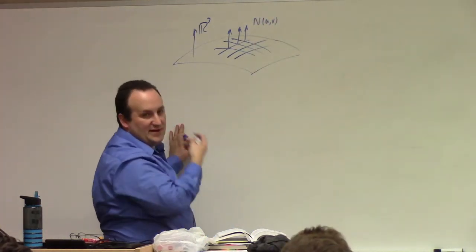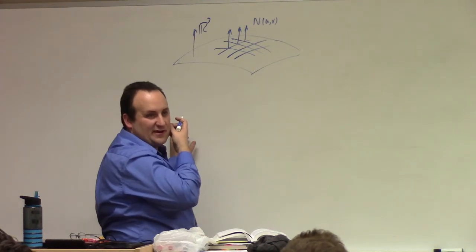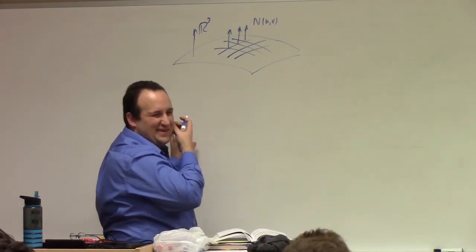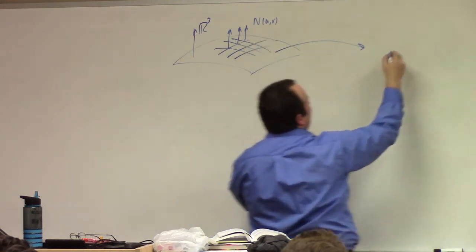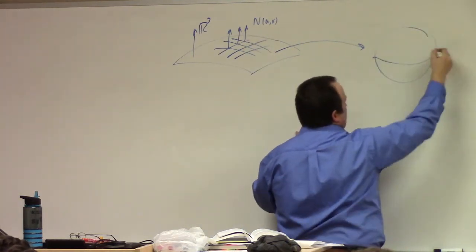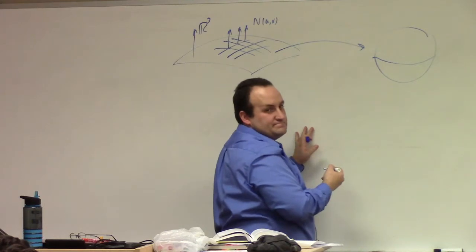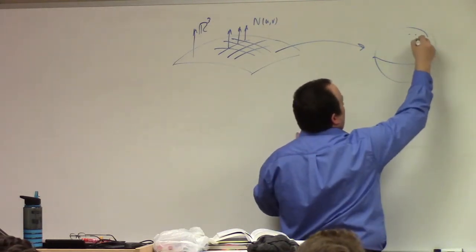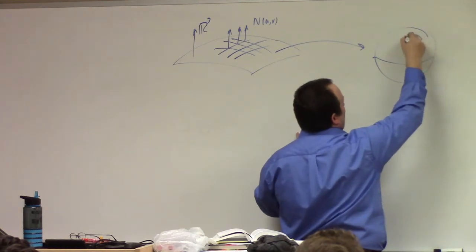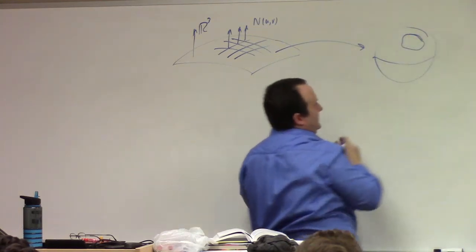And so to decide how curved or not curved your space was, basically you can study the mapping that takes these and puts them over in the unit sphere. You can study how the normals map over to the unit sphere.